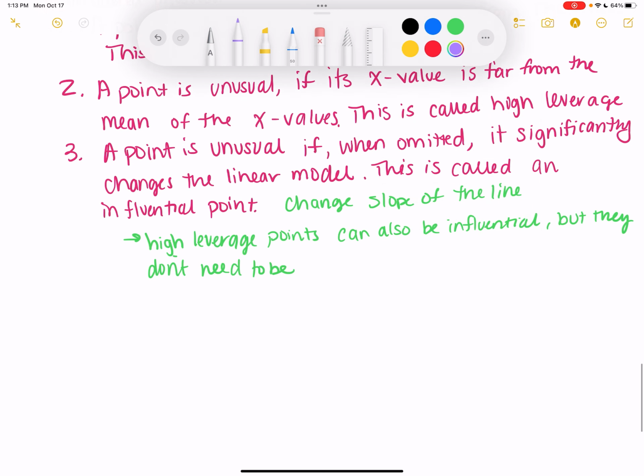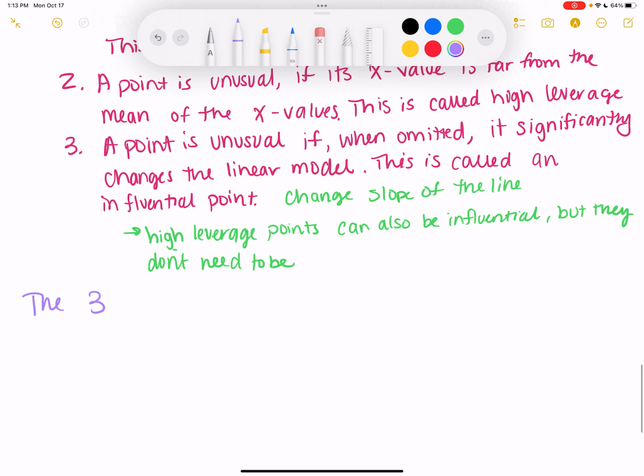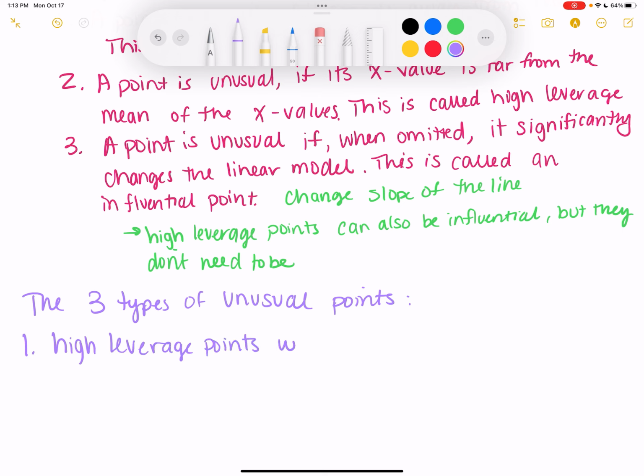All right, the 3 types of unusual points. The first is high leverage point, or points with small residuals.